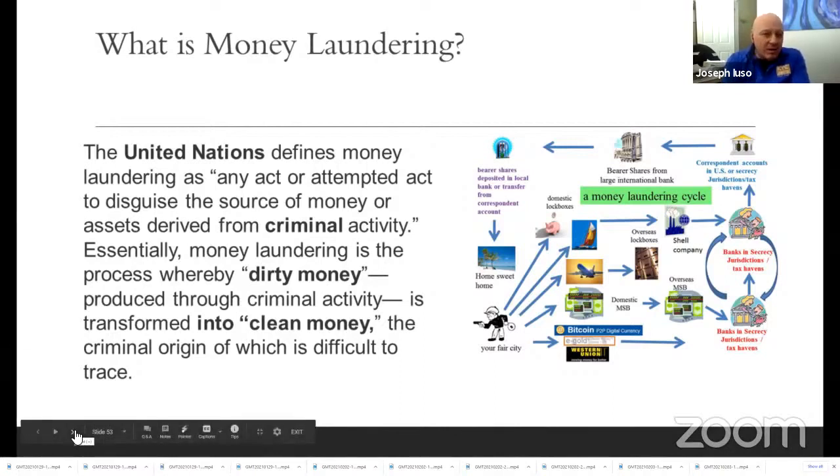And once they feel they've got it obfuscated enough, they do the next stage, which is integration. They put it in some sort of financial instrument, like a bank account or something else that makes it look legit. So at the end of the day, what's really happening is they're cleaning the money so that when it goes to buy real estate or a luxury item or something else, there's no question about where it came from. It was a legitimate source.